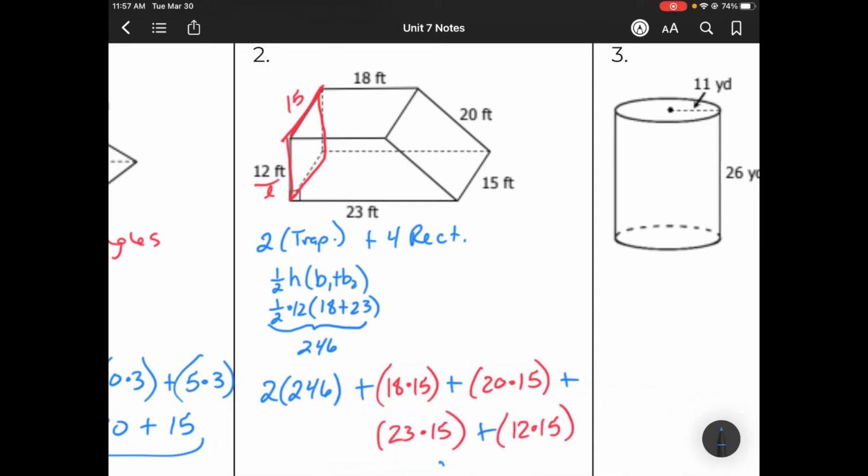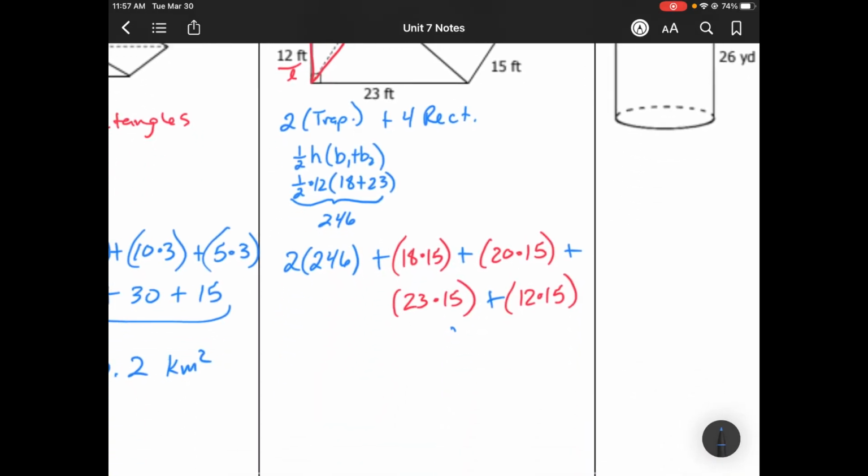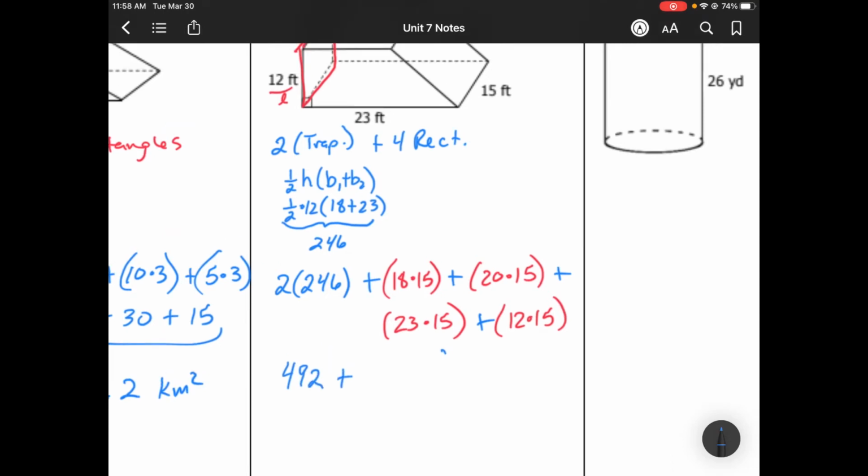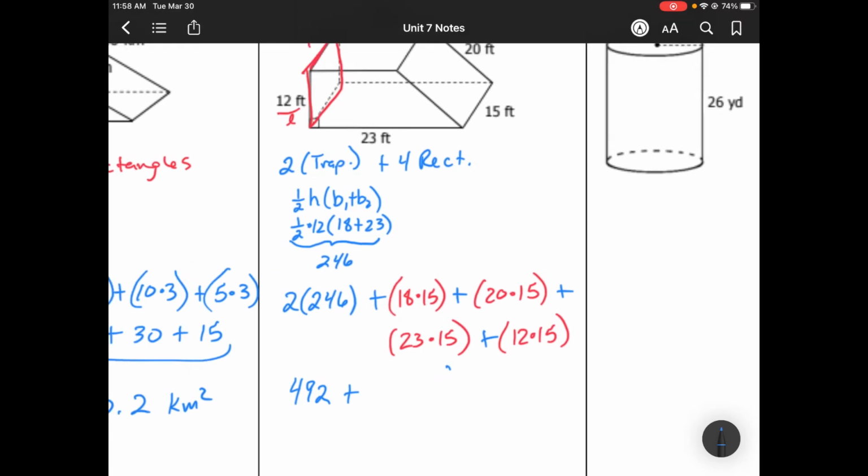So I'm going to add all those in together. I'm going to simplify this. I'm going to do 246 times 2 first. That takes care of both trapezoids. So both trapezoid areas add up to 492. And our first rectangle is 18 times 15. That one is 270.